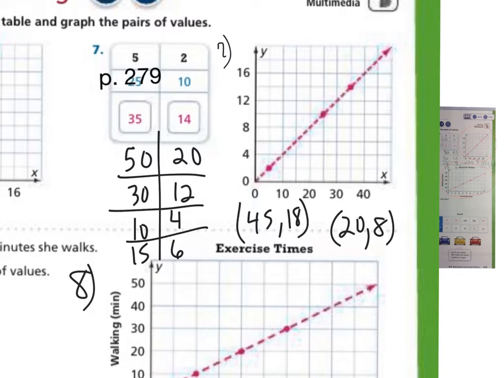And again, not really knowing what they are talking about here, we could probably have this just as a solid line as well.